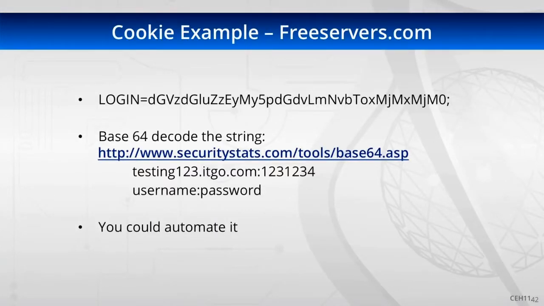Let's look at a cookie example, free server. So the login looks like this really, really long string, but really what happened was they did a base 64 encoding. And what we could do is a base 64 decoding. And you can go to securitystats.com, their tools, base 64 encoding. There's a whole bunch of base 64 encoders or decoders out there.